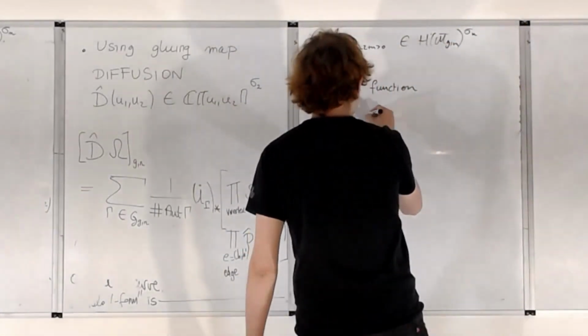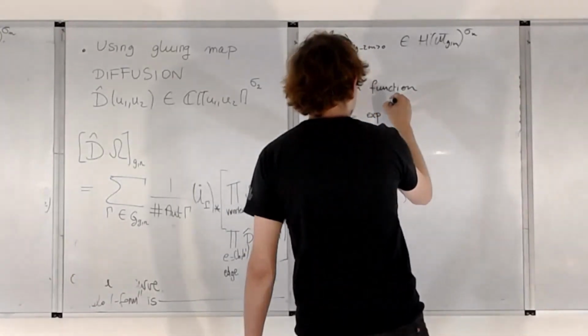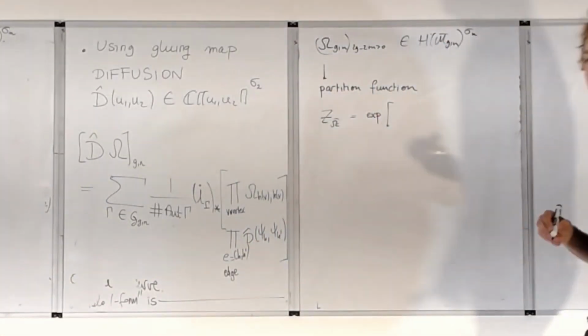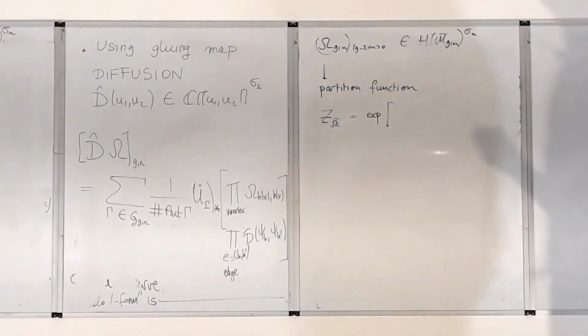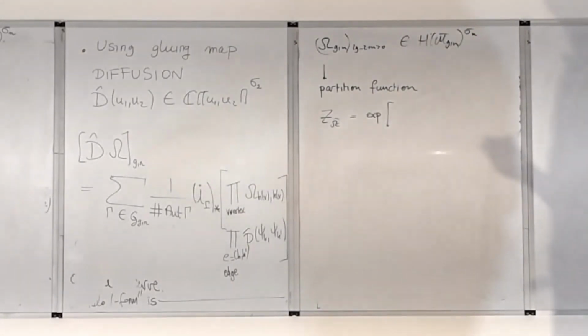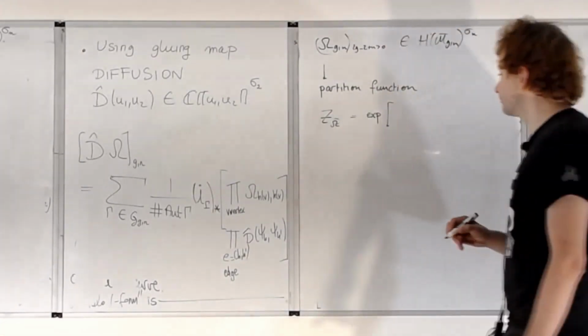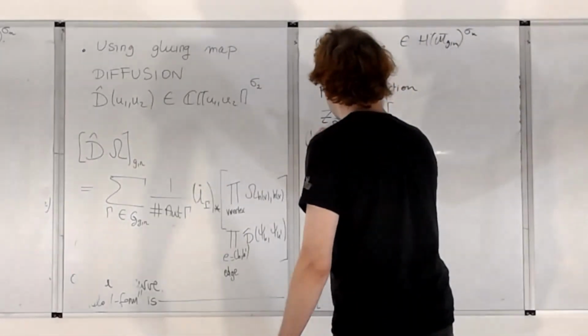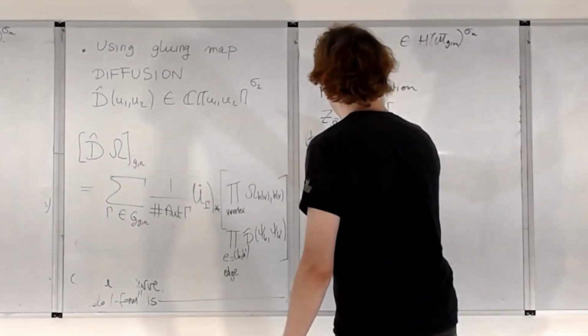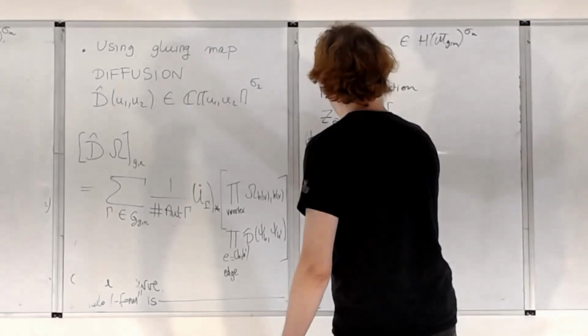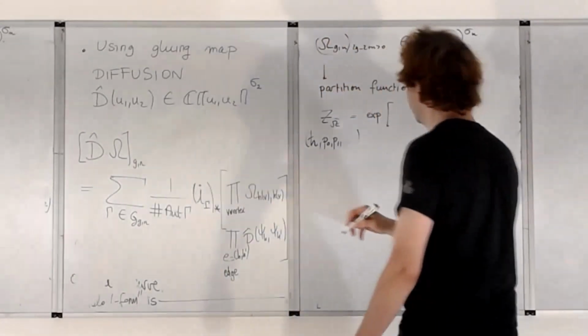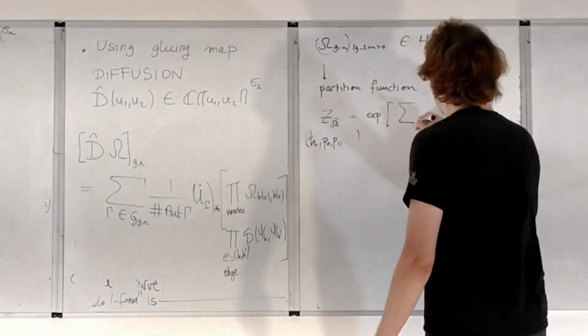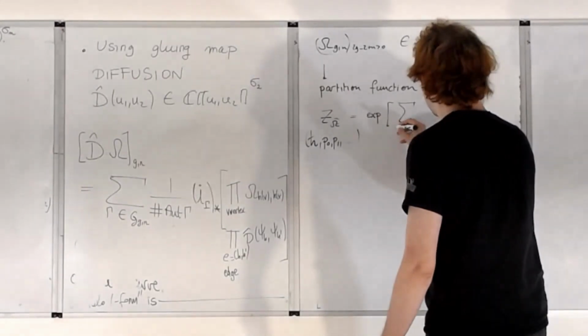So the partition function, I can write it as an exponential of a formal series in countably many variables and one parameter h bar. So I will call the variables p0, p1, etc. And we define it in the following way.